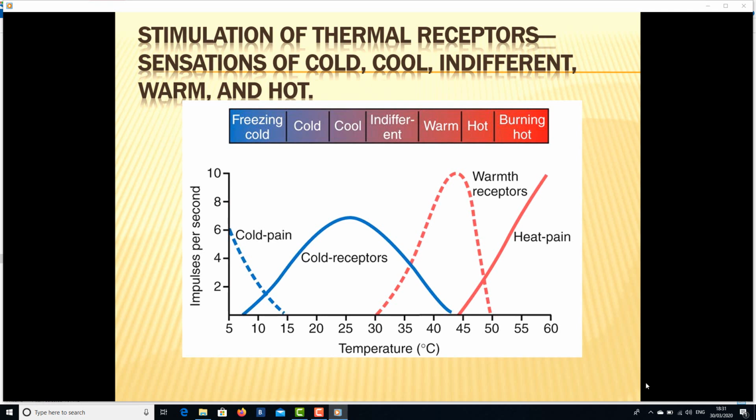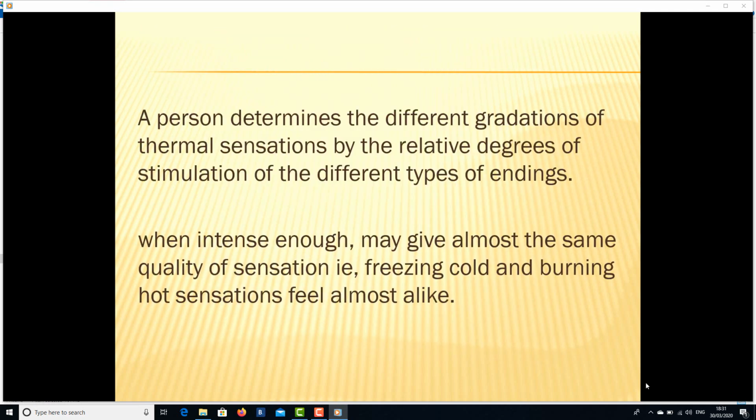So they all start to give us the feeling of burning hot, and a sort of vicious cycle starts at this point. A person determines the different gradations of thermal sensations by the relative degree of stimulation of the different types of endings. When intense enough, they may give almost the same quality of sensation, that is, freezing cold and burning hot sensations feel almost alike.